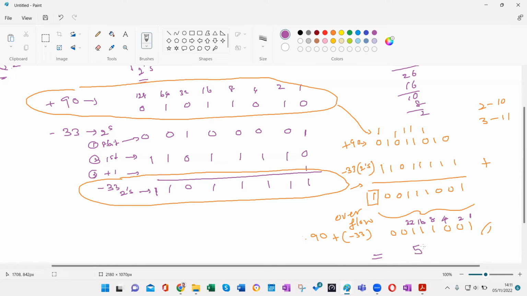So this represents 57. And if you look at the sign, the most significant bit, the sign is 0, which means this is a positive value. So we have got our answer, which is 57. If you minus 33 from 90, the answer will be plus 57. Okay, is that clear?